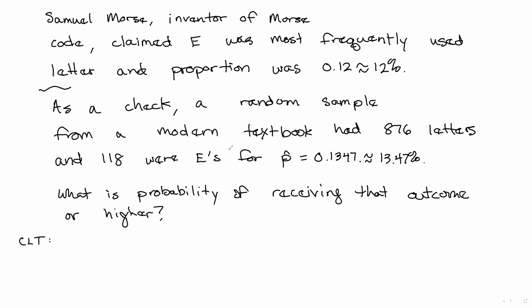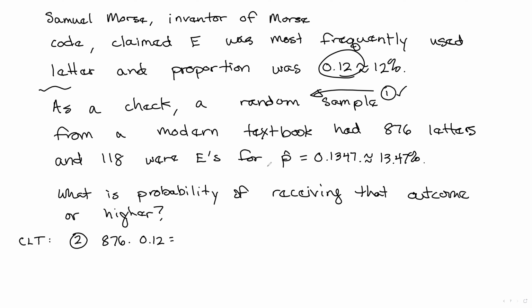So check one, a random sample, that's the key phrase here. That means check one is met. Check two, we have 876 times 0.12. We use the population proportion, assuming we have it. If we have it, we use it. Let's see, did I write this down somewhere?